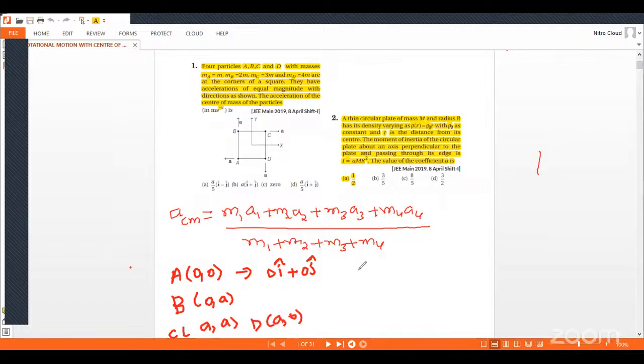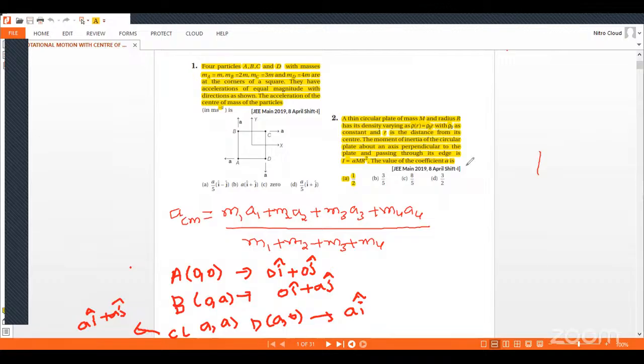So here it is 0 i cap plus A j cap at B. At D it is A i cap. At point C it is A i cap plus A j cap.